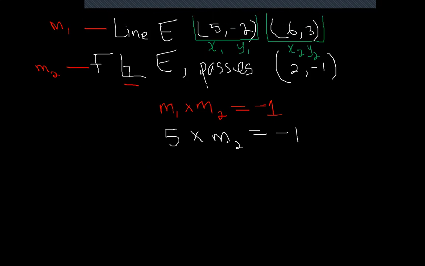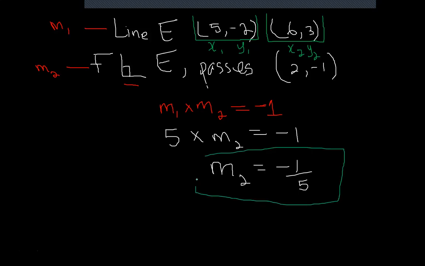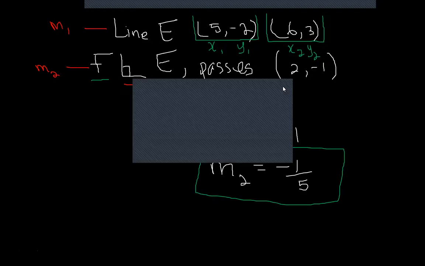So all we have to do now is find M2. We divide by 5 on both sides, and -1 divided by 5 is -1/5. This is why -1/5 is the gradient for F. Everybody understands that?